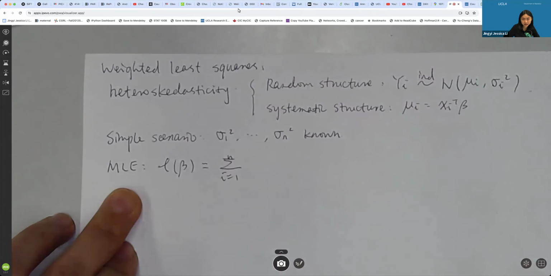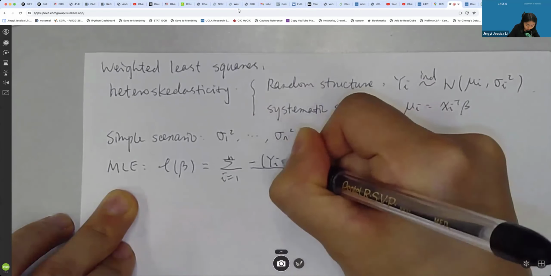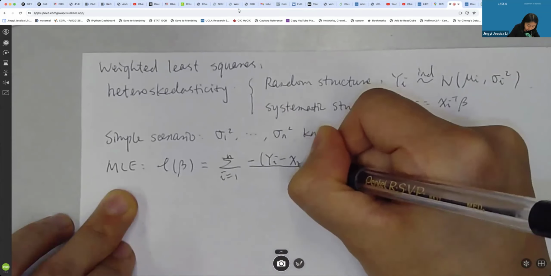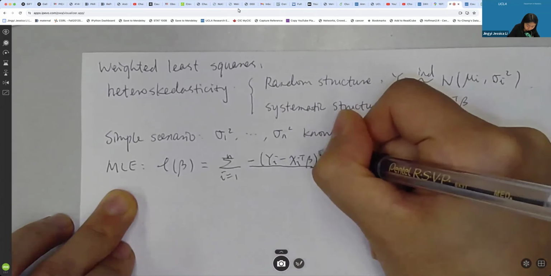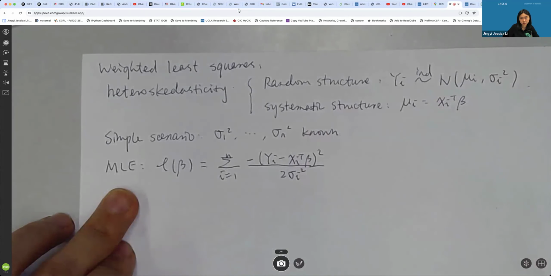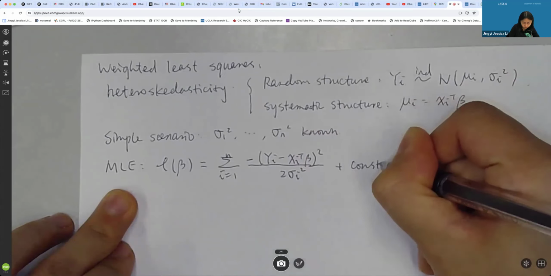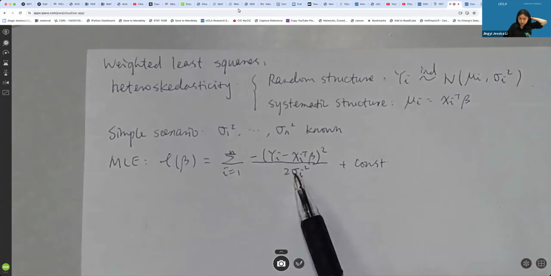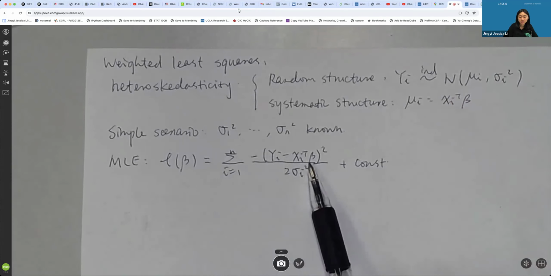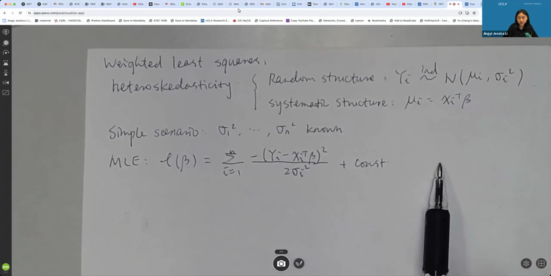After the log, the exponential function is gone: negative yi minus xi transpose beta squared over sigma i squared, plus some constant which is related to sigma i but not beta. Once you take the derivative with respect to beta, one thing that's different from before is that the sigma i squared will stay. You cannot just cancel them.